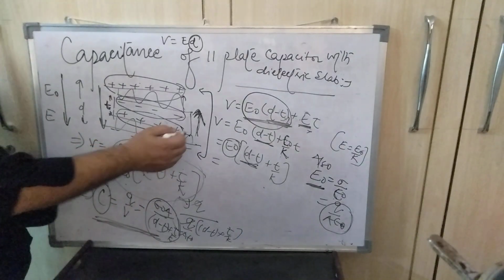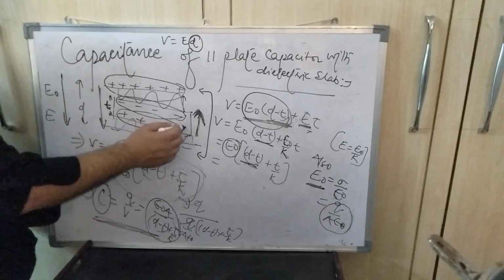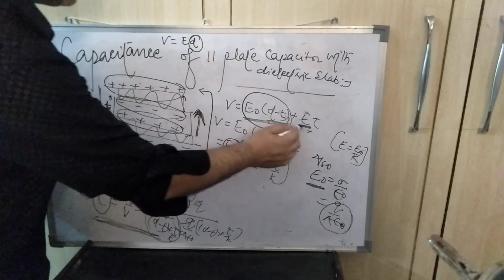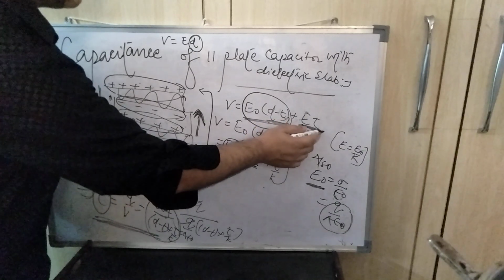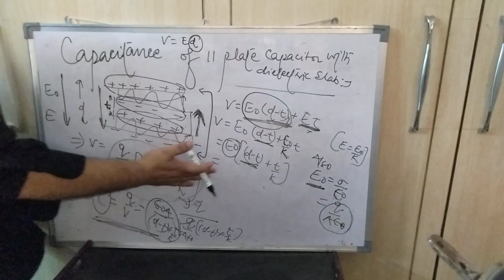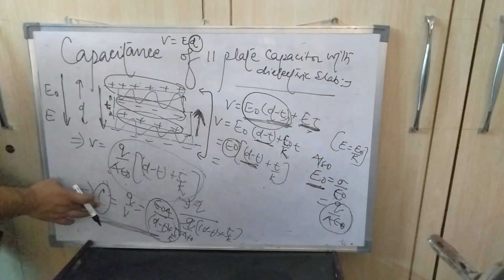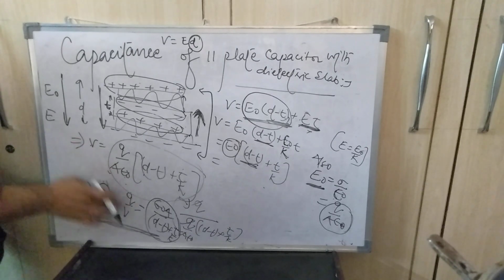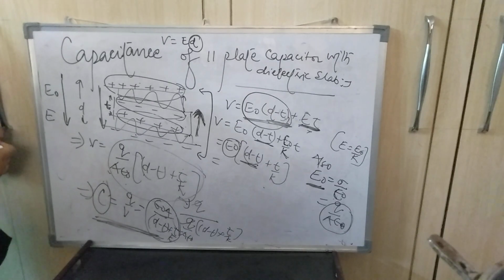It means there is also an electric field from plus to the minus set up by the slab, and that voltage becomes E into t, the field into the distance. The distance will be t in that case. Then solve it, find out the voltage, and then the capacitance. Capacitance is Q by V, and replacing the value of V here, you will find the appropriate value of the capacitance in that case.